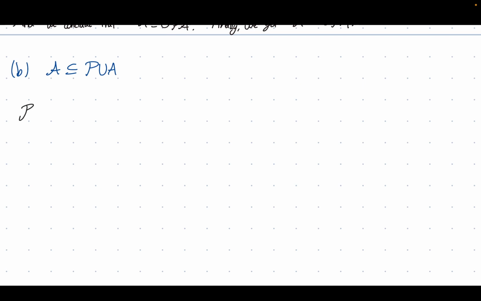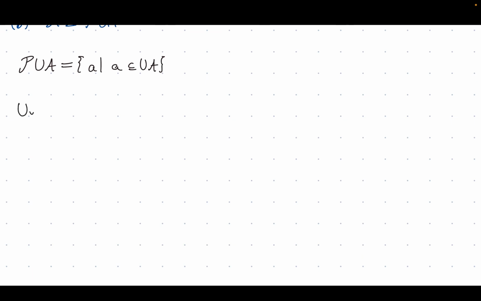But let's just start by noting that the power set of the union of A is going to be any set, I'm going to call it little a, such that little a is a subset of the union of A. And of course, the union of A is equal to... actually, no, I'm sorry about this. I'm going to change this to big X. Sometimes coming up with variable names helps.